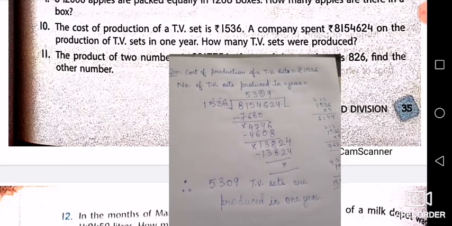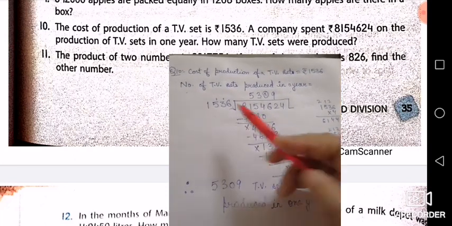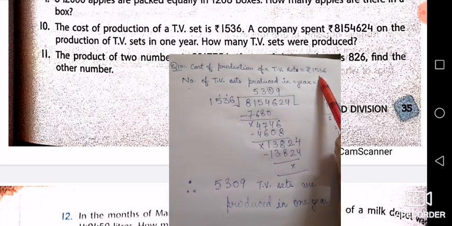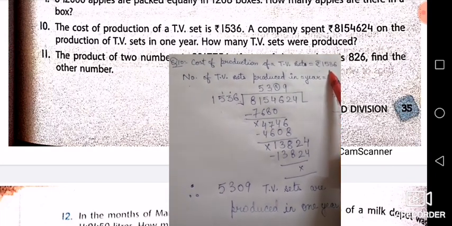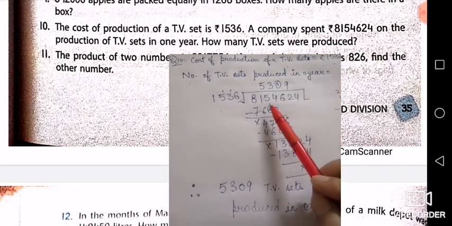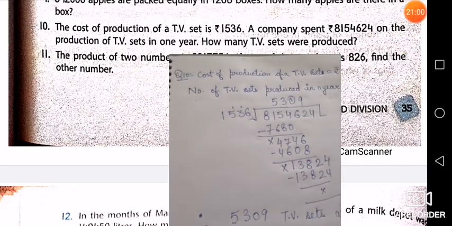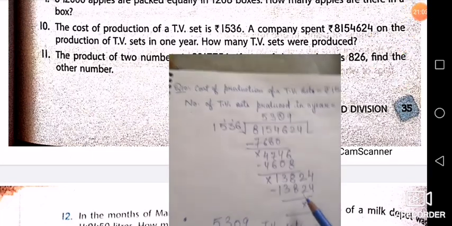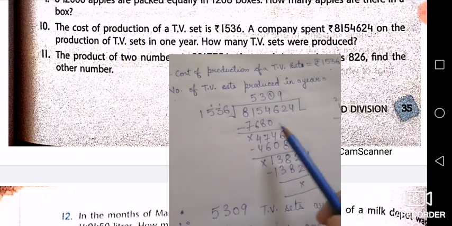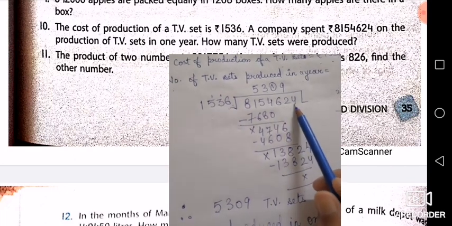Fine. So I think the question is clear to you all, that cost of production of a TV set is rupees 1536. Now the question has asked how many TV sets will be produced by a company if that company spent 81,54,624.